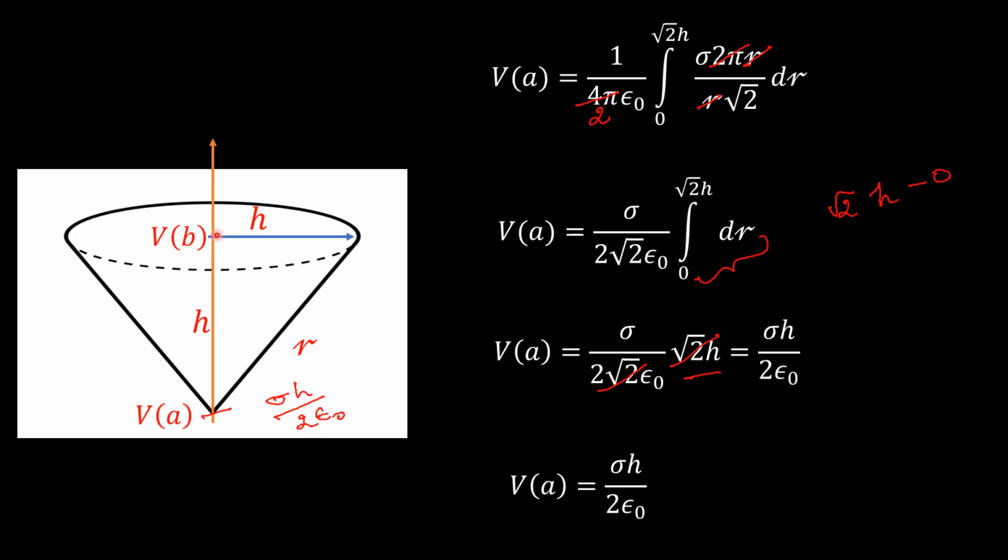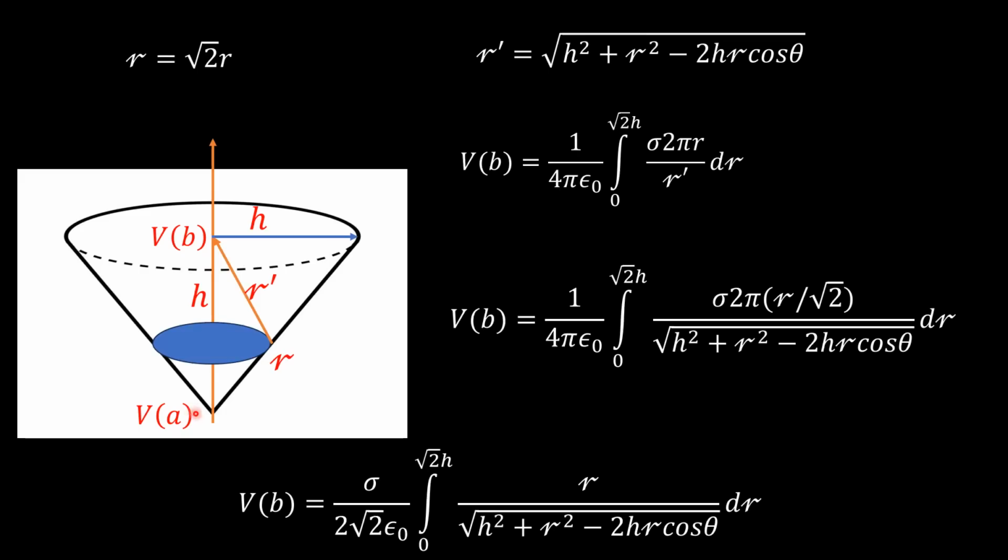Now we have to find the potential at this point. We have found the potential at point A, that is V of A, which we have already calculated. Now we have to find the potential at point P, this point. For that, we are considering a small circular disc like this, as shown in the blue color, and we are taking a point from script R to this point.